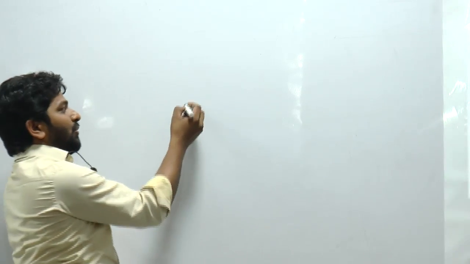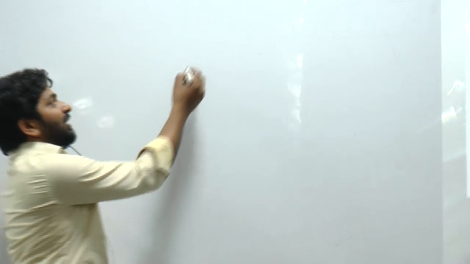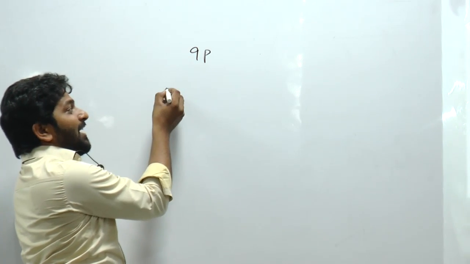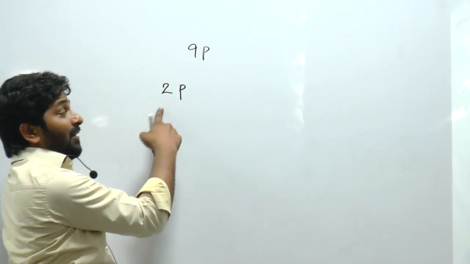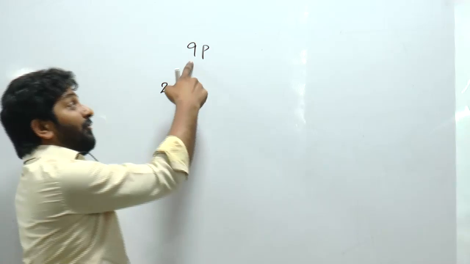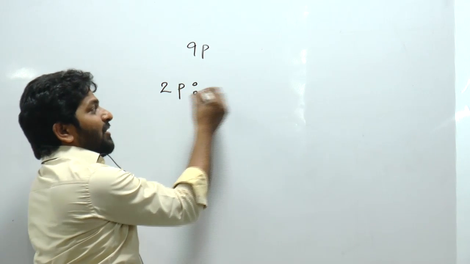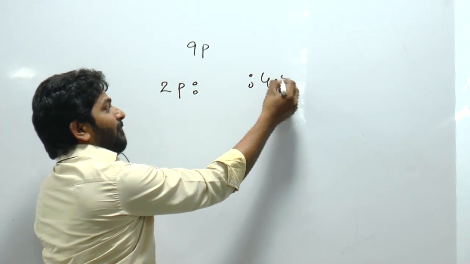Right. So out of total investment, A invests what fractional part of the total? 2/9. If the total is 9 parts, A alone invests 2 parts. C alone invests 50% of this, in the sense, 4.5 parts.